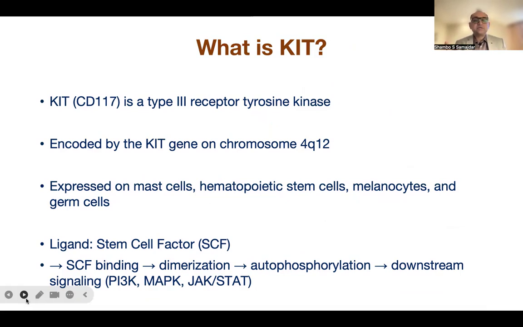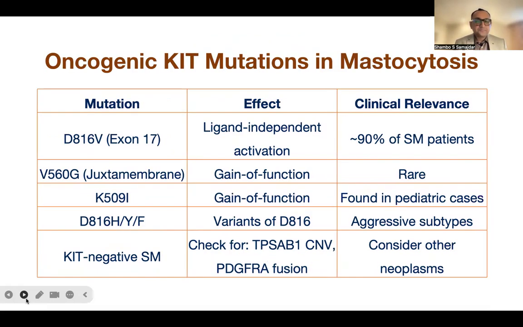The ligand here is SCF, the stem cell factor. When the stem cell factor binds with this receptor, there is dimerization, autophosphorylation will take place, and there will be downstream signaling, as mentioned here. It also includes the JAK-STAT pathway.